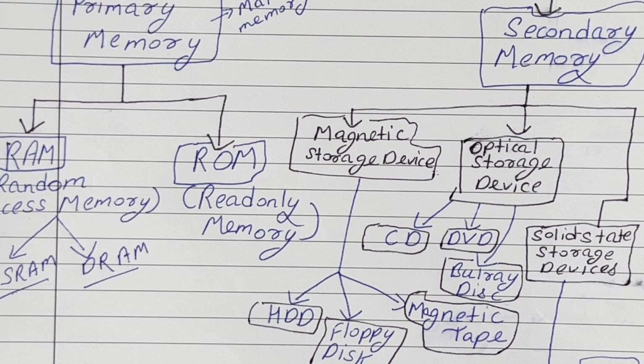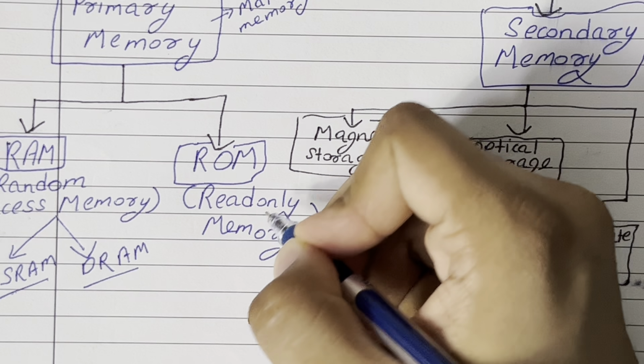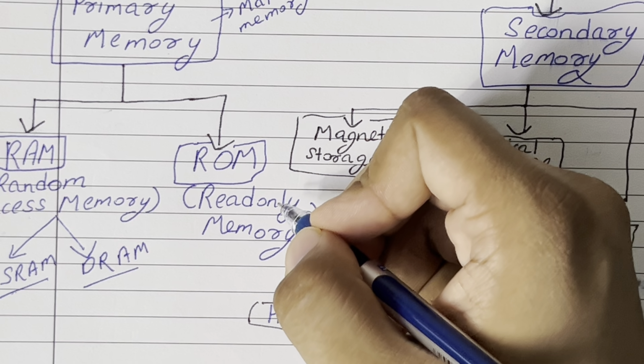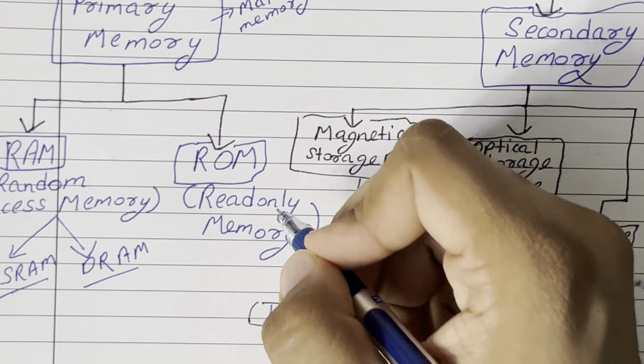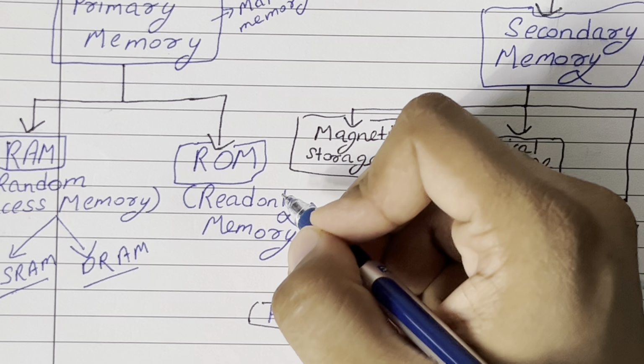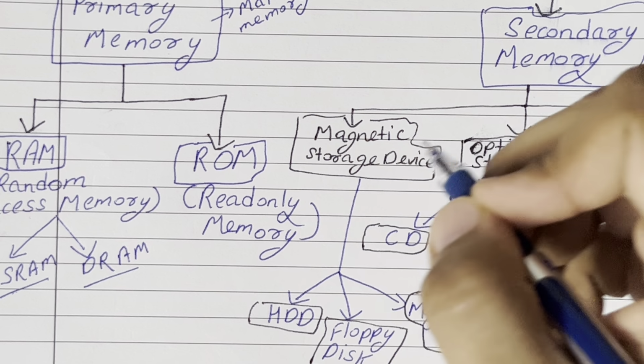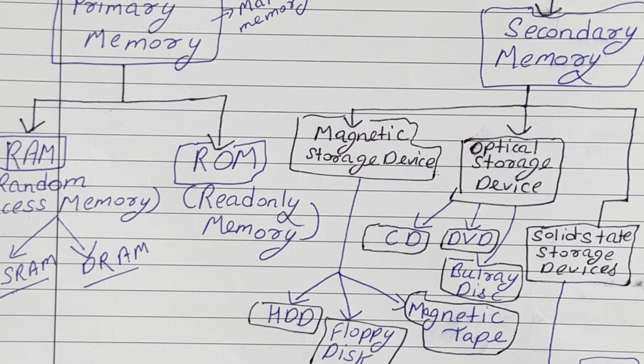Unlike RAM, the contents of ROM are not modified during normal computer operations, and the information stored in ROM remains fixed for long periods because it contains only those instructions that are essential for proper functioning of the hardware.